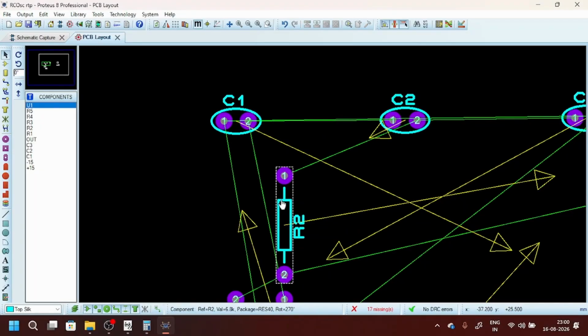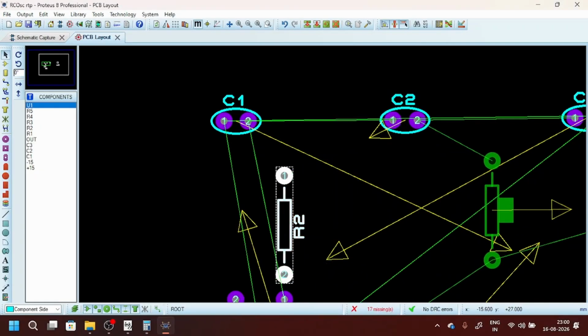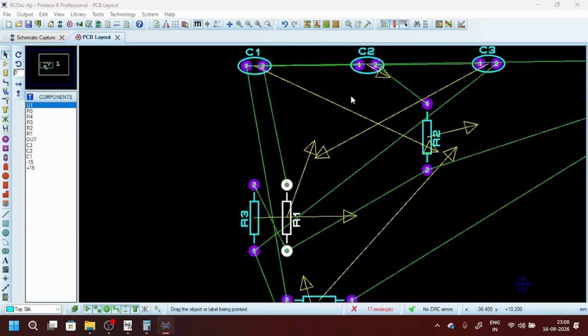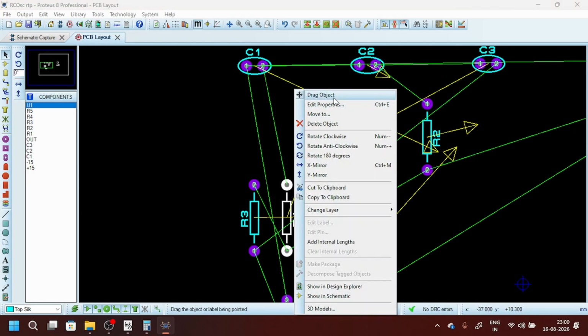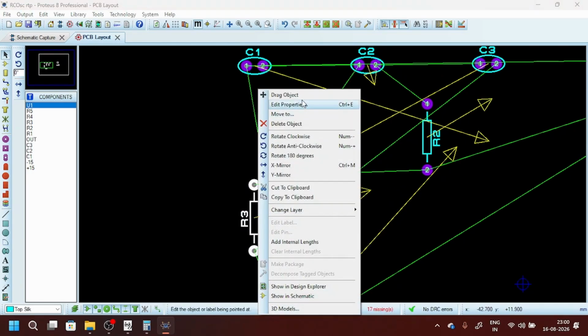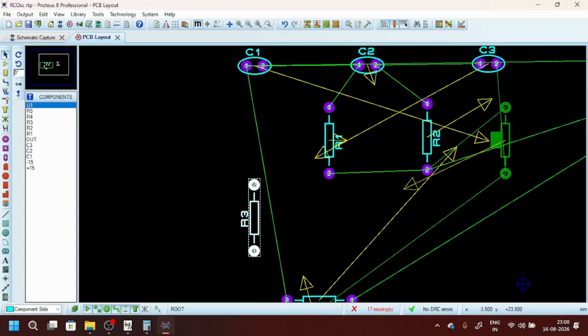Yes, in the same way, R2 and R1, and finally the R3.